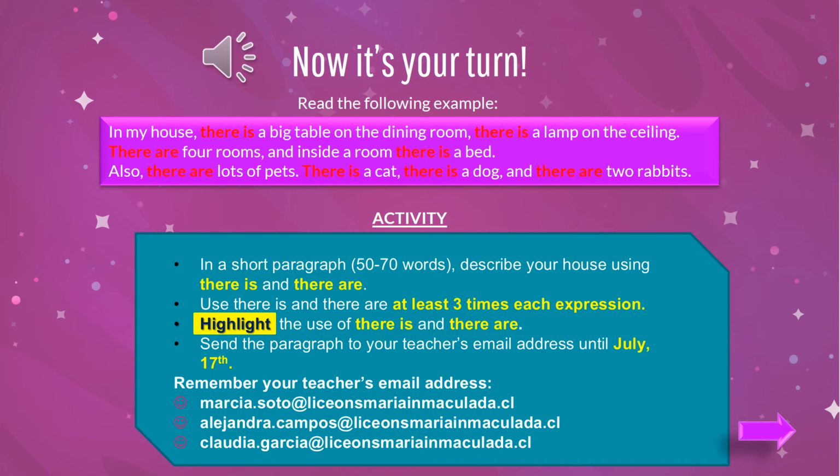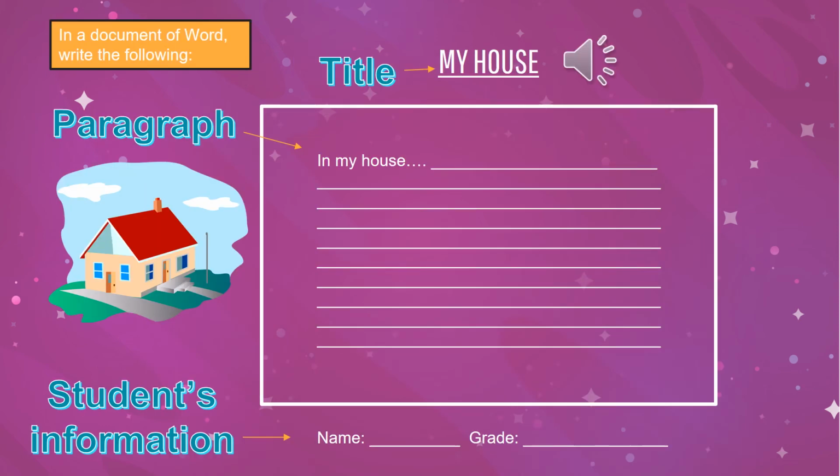Y abajo les dejo los mails de las profesoras de primero medio en caso de que no los tengan o los hayan olvidado. En la próxima diapositiva hay un ejemplo de lo que ustedes tienen que mandar. Okay, guys, this is what you have to do. Idealmente, en un documento de Word, de Microsoft Word, you have to write the following.